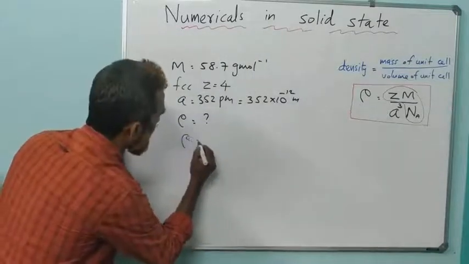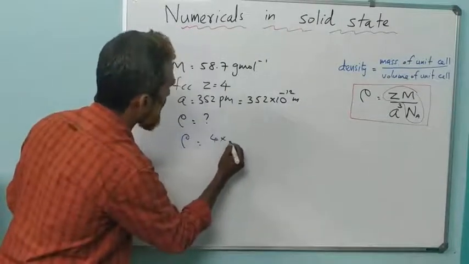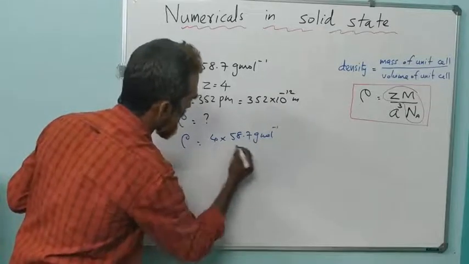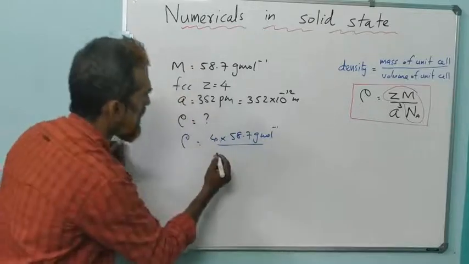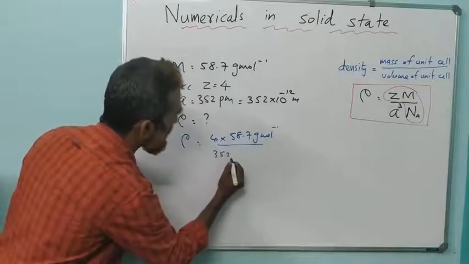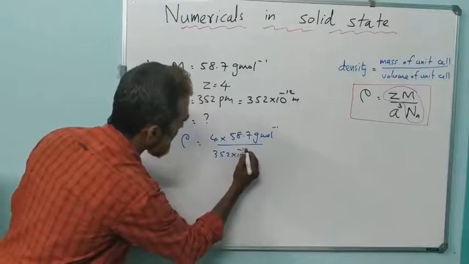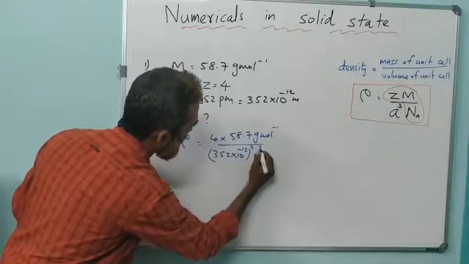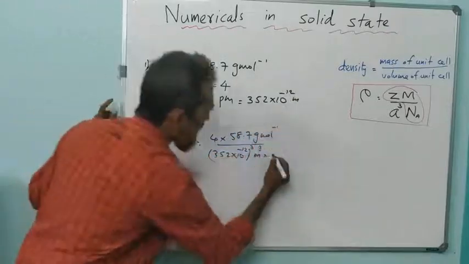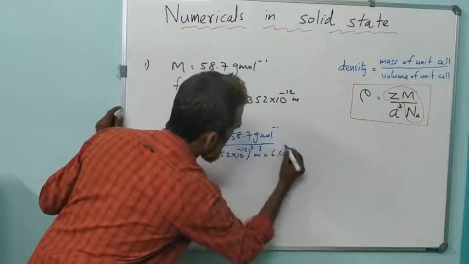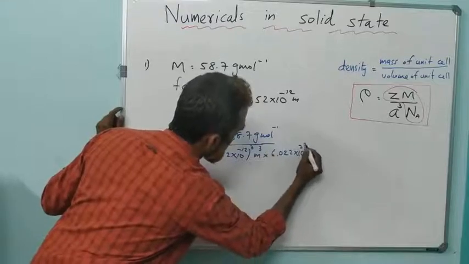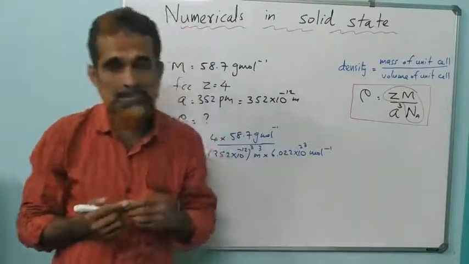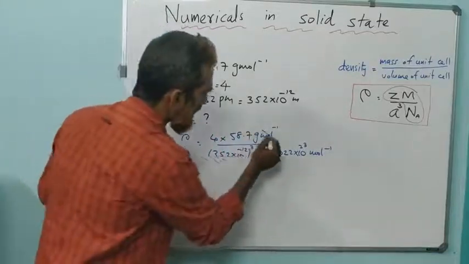Rho equals 4 into 58.7 gram per mole divided by a cube, (352 into 10 raised to minus 12) whole cube, in meter cube, into Avogadro number, which is 6.022 into 10 raised to 23 mole inverse. When you write the unit for Avogadro constant, it is mole inverse. You can see this gets cancelled.